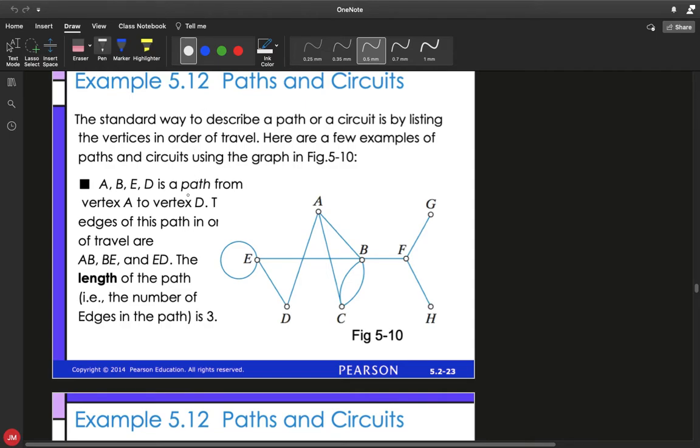If we were to want to find a path, one example of that is A, B, E, D. So if you were to follow that path, starting at A, you would go to B. Then from B, you would go to E. From E, you would go to D. This would be an example of a path because you're starting at A and ending at D. If you were to go one more edge from D back to A, then we could call it a circuit because then you're starting at A and ending at A. But without that, A, B, E, D would just be considered a path.